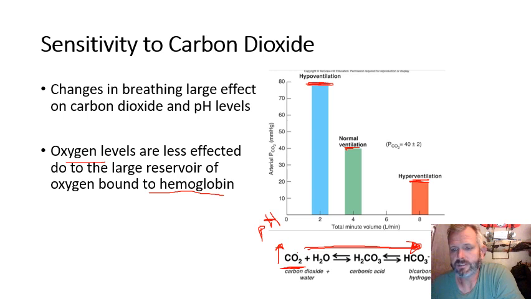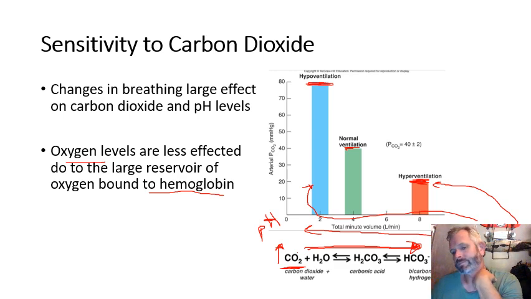If I went the opposite direction, with hyperventilation, that would draw the equation this way. And what would happen to my pH? My pH would go up with hyperventilation. Hypoventilation, my pH will go down.